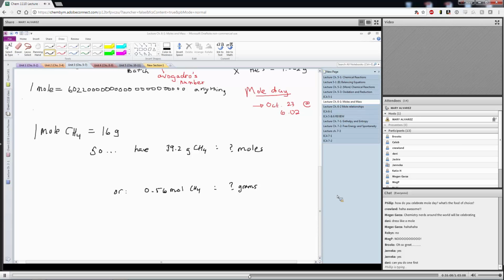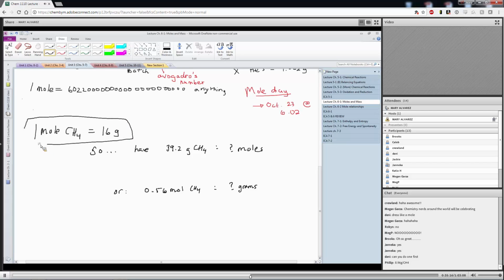So we'll do one first. This is our conversion factor. This is our equivalency. If this equals that, we can use it to convert between grams and moles. So if I have grams and want moles, great, I can convert from grams to moles. Or if I have moles and want grams, great, I can convert from moles to grams.